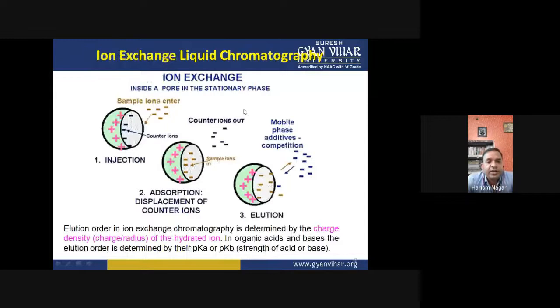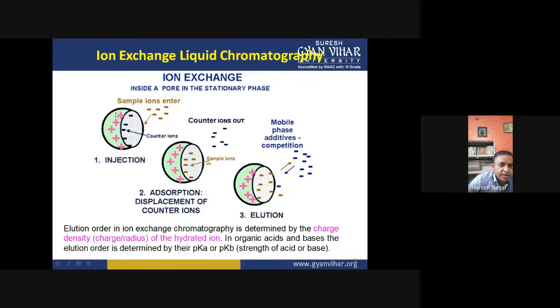Now the next category of chromatography is ion exchange liquid chromatography. So in ion exchange liquid chromatography, if we see this photograph first, here there is exchange of ions, like charge ions.